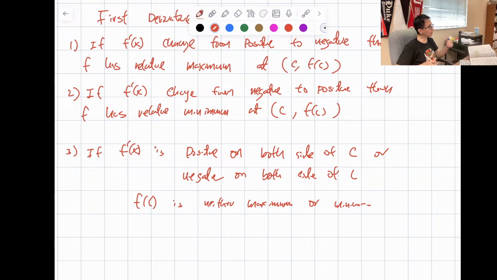So if you're decreasing and decreasing again, that doesn't mean it's a minimum, right? You can have negative and then negative again, so kind of like a waterfall, right? That's not gonna have a minimum.